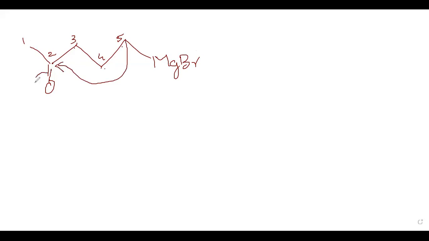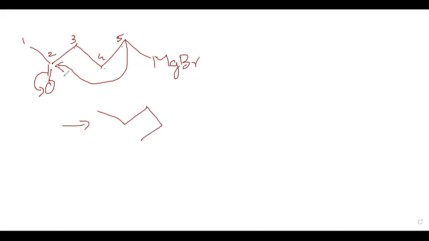Okay. So 1, 2, 3, 4, 5, fifth carbon atom having bromine. In step 1, Mg is getting added, so you will have MgBr. Now 1, 2, 3, 4, and 5. Fifth carbon atom will attack the carbonyl carbon, and this bond will be cyclized. So 1 is here itself. 2, 3, 4, 5.